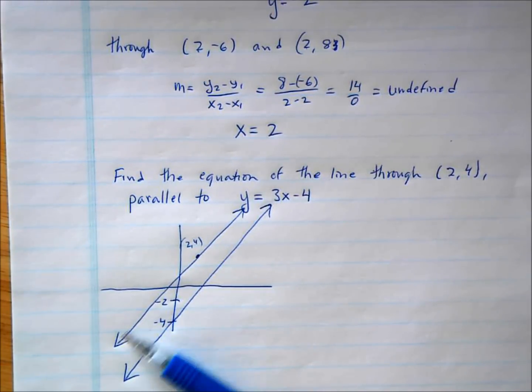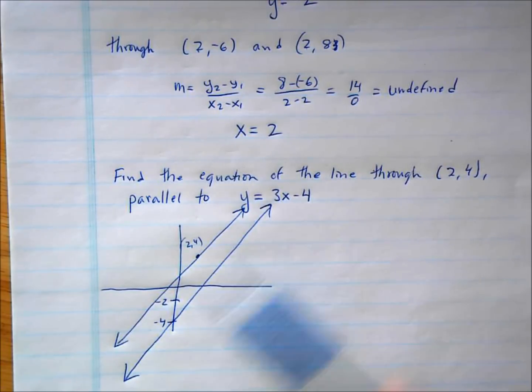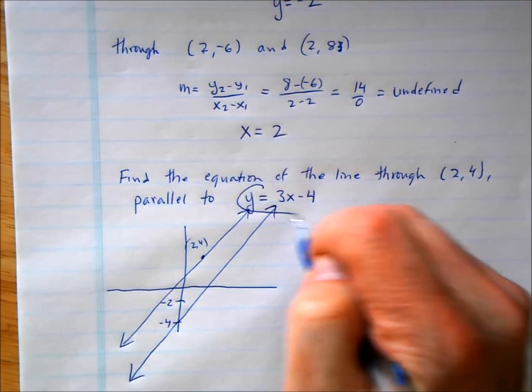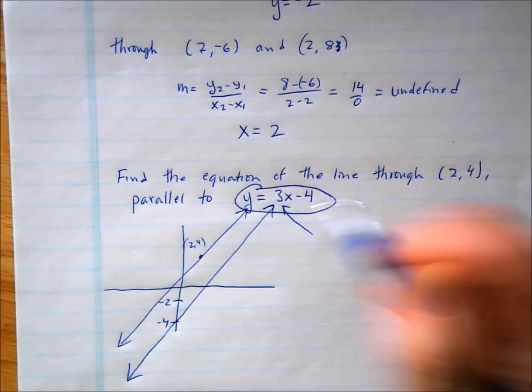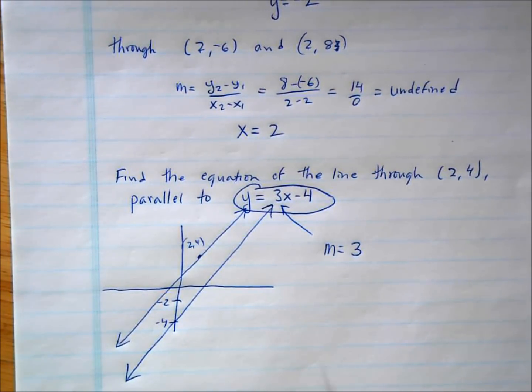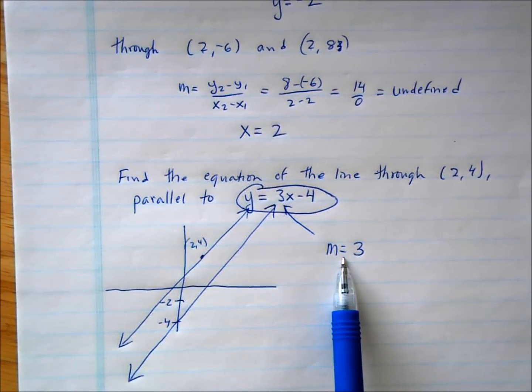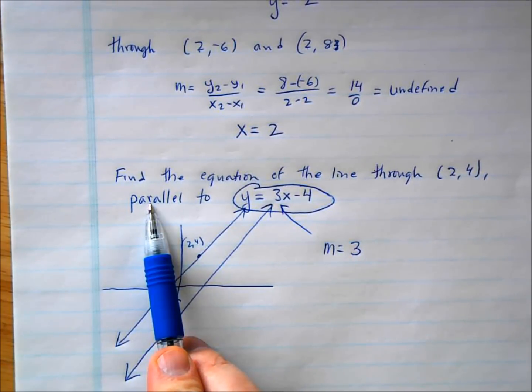Because in order for these two lines to never meet, they have to be going the same direction and have the exact same steepness. And those are the two things that slope tells us. So I look at the equation that was given. I see the slope is 3, which tells me the line that I'm looking for has slope of 3, since I want the parallel line.